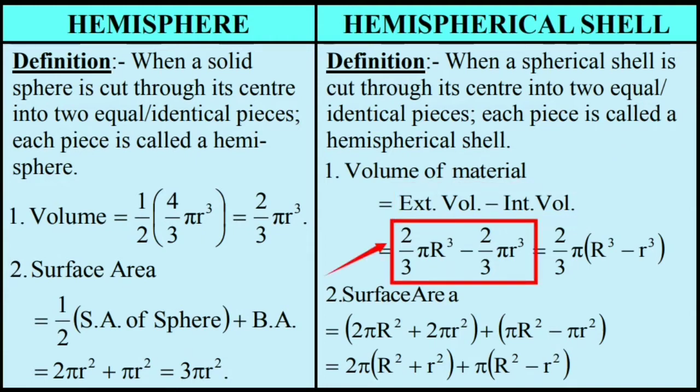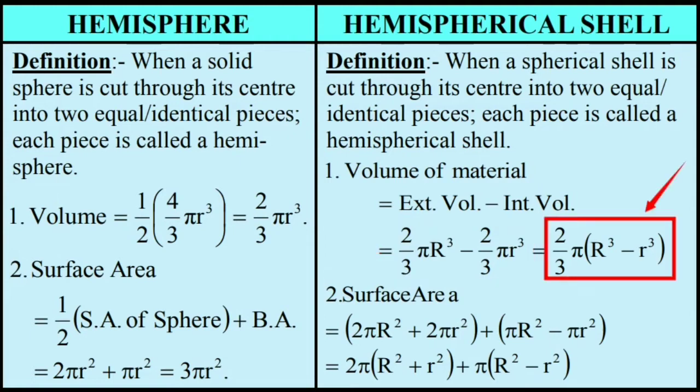Therefore, the expression for volume of material in the hemispherical shell is 2 by 3 pi capital R cube minus 2 by 3 pi small r cube, and the same expression in simplified form is 2 by 3 pi multiplied by capital R cube minus small r cube, where capital R cube minus small r cube can be simplified further using the algebraic formula a cube minus b cube equal to a minus b multiplied by a square plus ab plus b square.